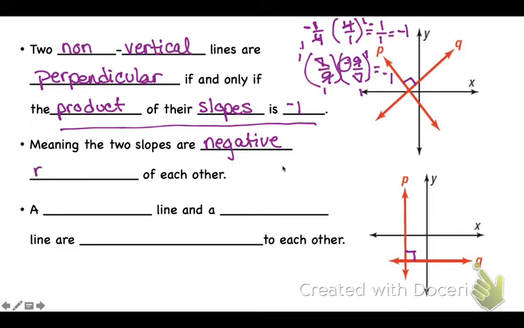Reciprocals of each other. Okay, so that's what that means. So you're going to identify the old slope, and you're going to find the new slope, and then you're going to do exactly what you did all day yesterday.